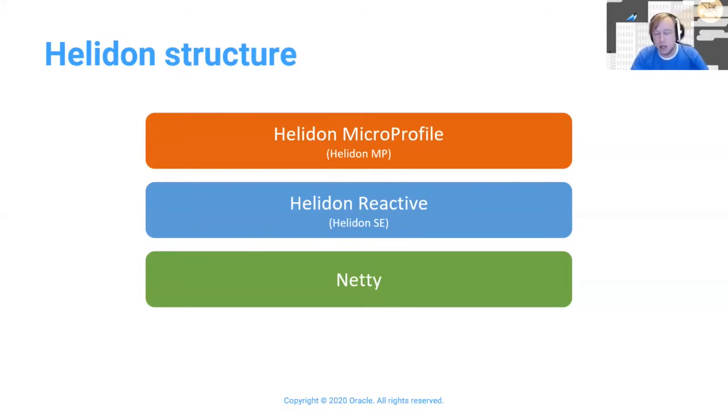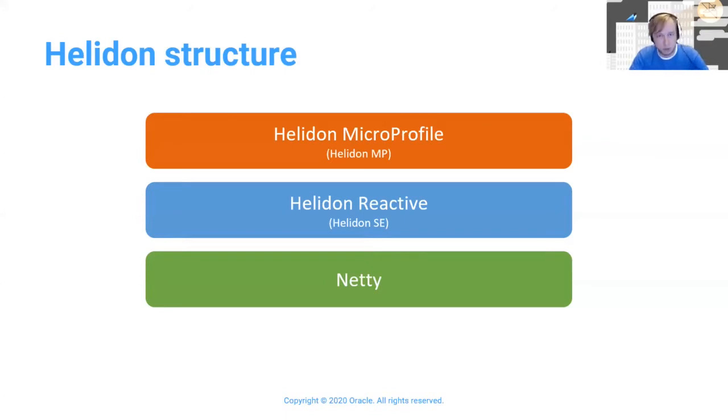As you can see, Helidon itself is based on Netty, right? And Helidon consists of two parts. One part is Helidon reactive, also known as Helidon SE, and the other is Helidon MicroProfile, also known as Helidon MP.